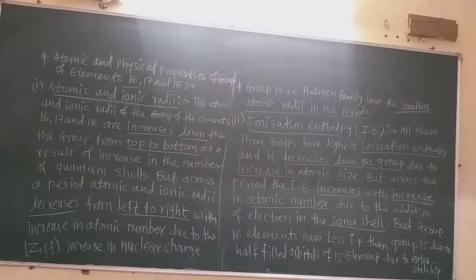But still group 15 elements have a larger ionization enthalpy than group 16 in their corresponding period, because group 15 elements have half filled orbitals which are extra stable. Remember that in the exam it may be asked: the ionization enthalpy of group 15 elements is greater than group 16 elements due to the half filled orbitals of group 15 elements, and due to that there is the extra stability.